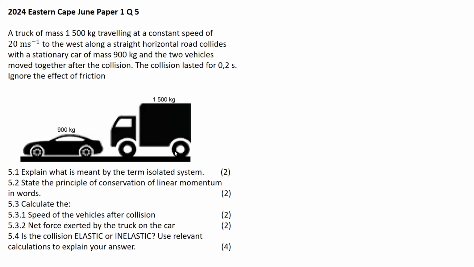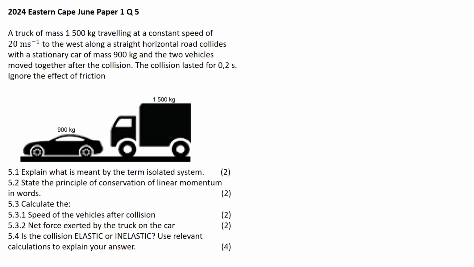Here's the question. A truck of mass 1,500 kilograms traveling at a constant speed of 20 meters per second to the west along a straight horizontal road collides with a stationary car of mass 900 kilograms, and the two vehicles move together after the collision.